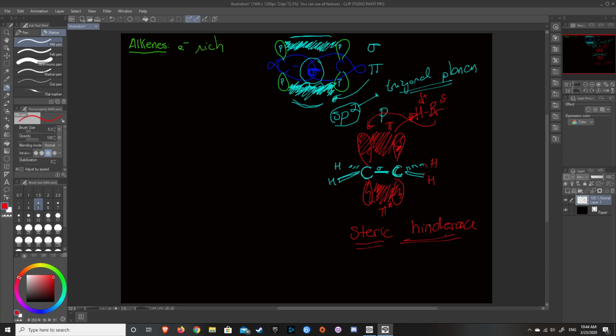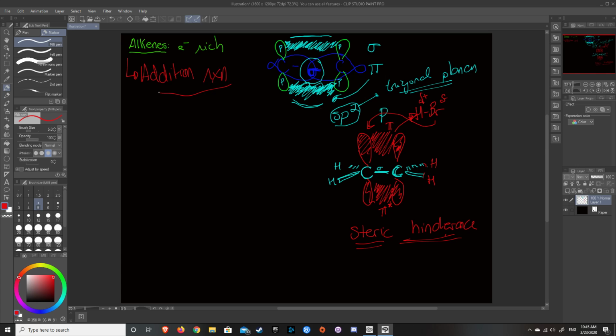So we're going to be looking over a few different types of addition reactions to these alkenes. I'm going to do a few examples, and you need to keep in mind the SN1 and SN2 mechanisms. We need to know what forms. This is the very, very important question for these addition reactions. I'm just going to write this down here because I feel it's very important.